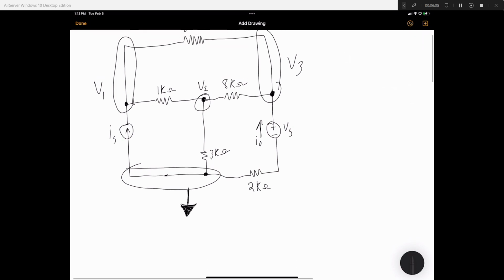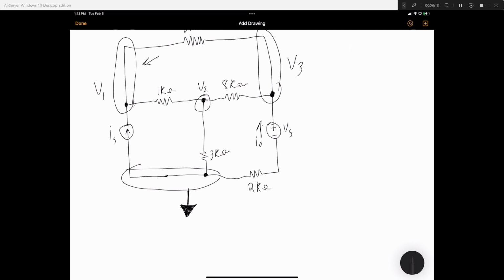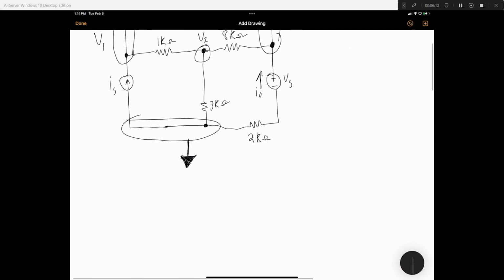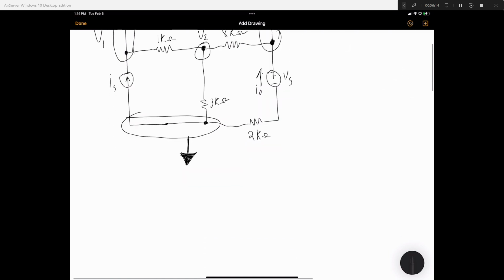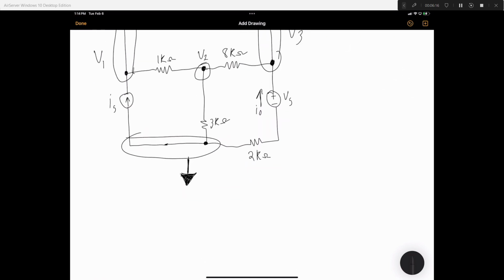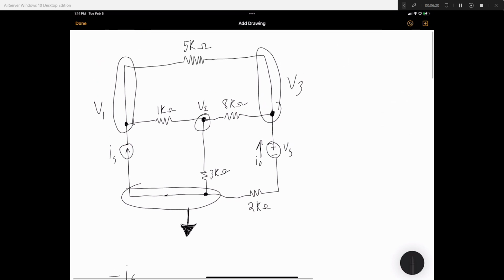First, let's focus on V1 only. We have IS going into it, so negative IS. Note, voltage is equal to R times I. We can rearrange this as V over R is equal to I.